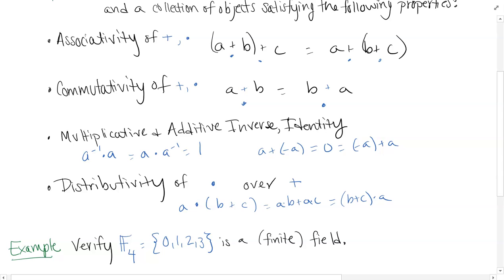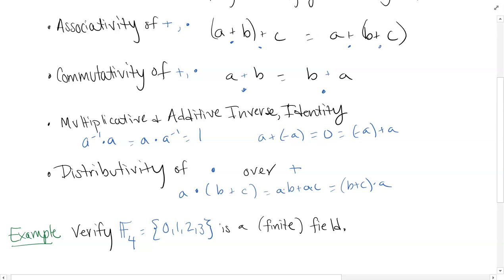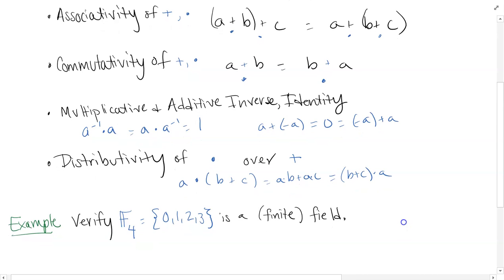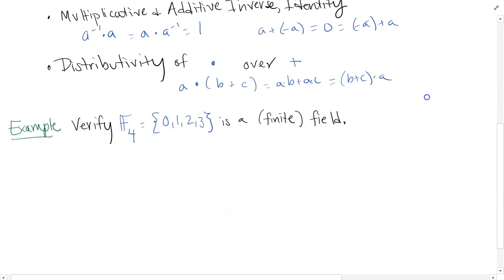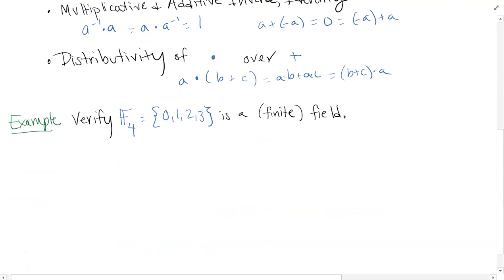Okay, now there's a lot of different ways you can show this. Perhaps the easiest way to show this is through creation of tables, kind of like what we did with the Z mod 7Z in the previous video. So you could make a table for addition of 0, 1, 2, and 3, by 0, 1, 2, and 3.